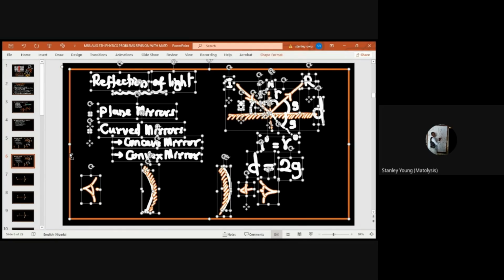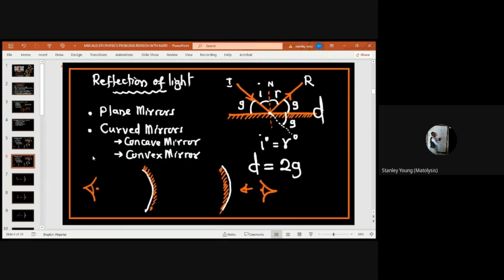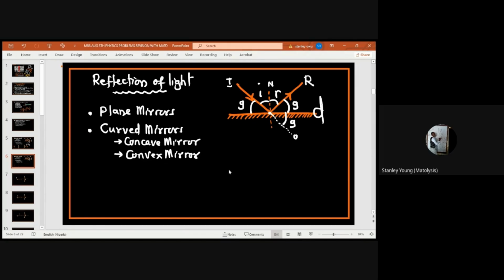Like I said, a swollen surface generally means convex, while a hollow surface generally means concave.